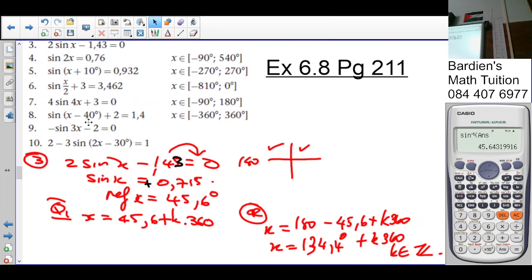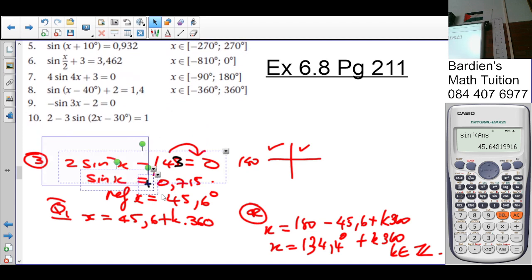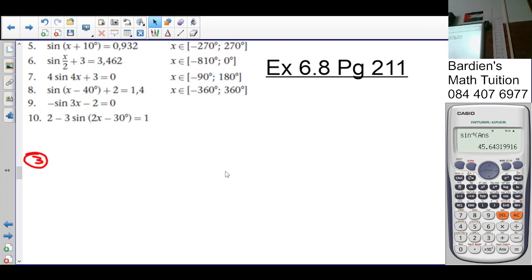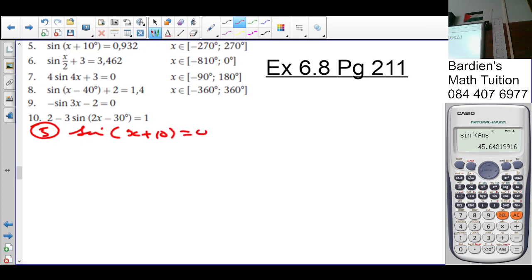Let's look at number 5. You got sine of x plus 10 equals 0.932. Is the trigonometric ratio isolated?